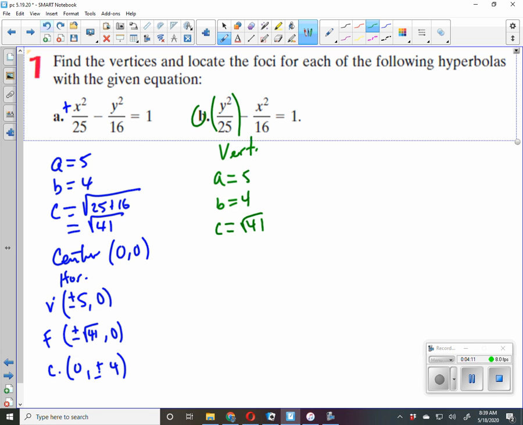The difference now, again, we got the center still at 0, 0. The vertex now is going to be 0 comma plus or minus 5. The foci are going to be 0 comma plus or minus square root of 41.